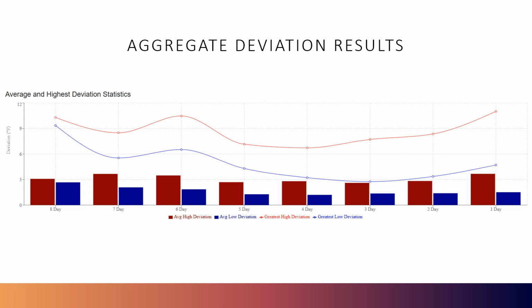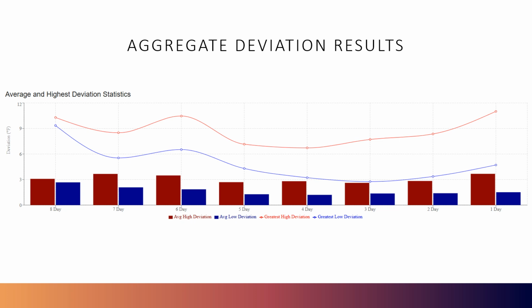For the lows, it's pretty much the same story, other than on day 5 and day 4, which end up being a little bit more accurate for whatever reason, with a lower difference of about 2 degrees on average. So you can expect the high temperature to be different by 3 degrees on average, and the low temperature to be different by 2 degrees on average.